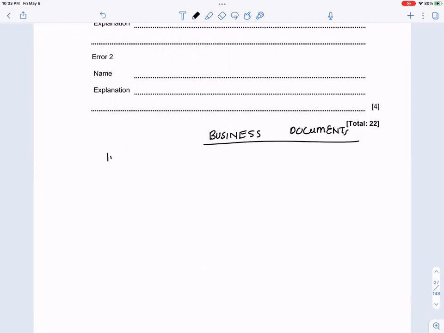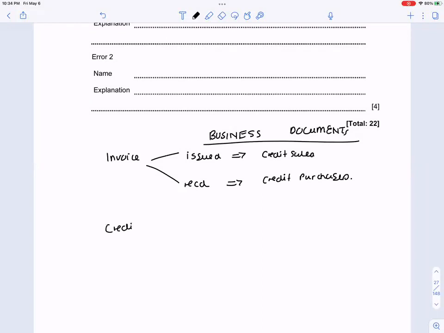Now look at the business documents. I'm giving you a revision of business documents. If you have issued an invoice, that means you have done credit sales. If you have received an invoice, that means you have done credit purchases. If you have received a credit note, that means you have done sales return.